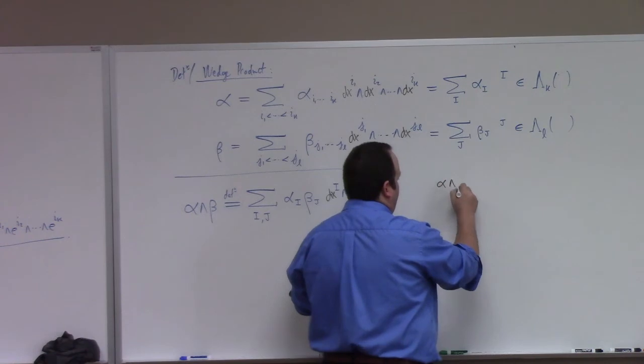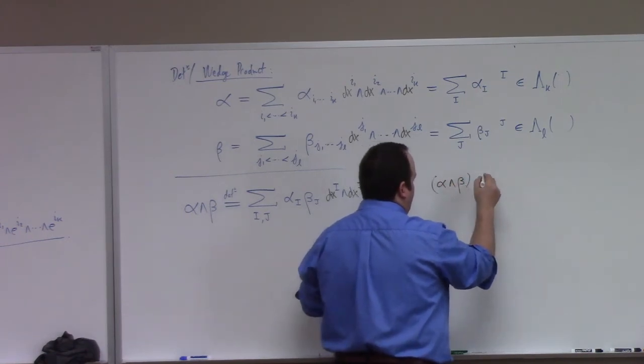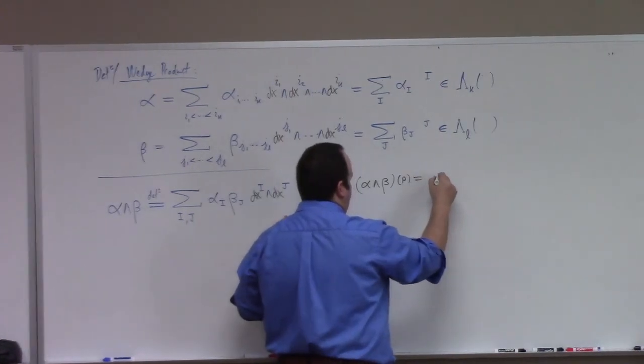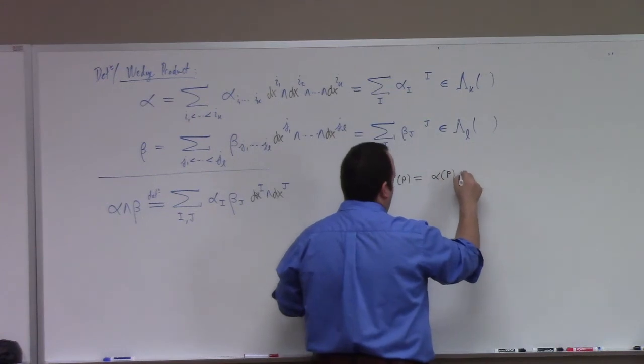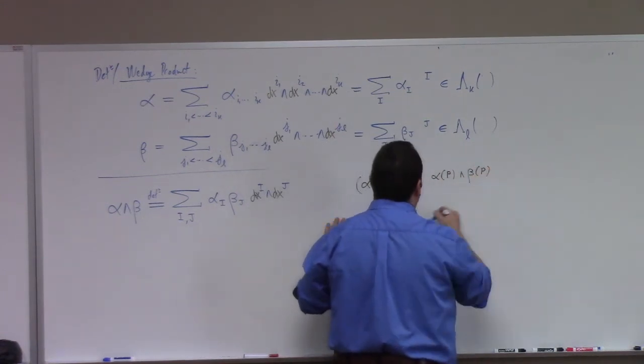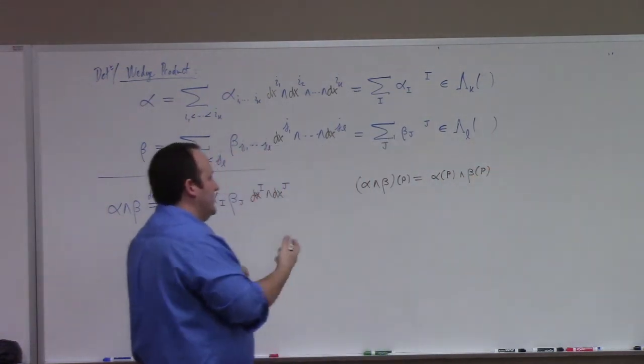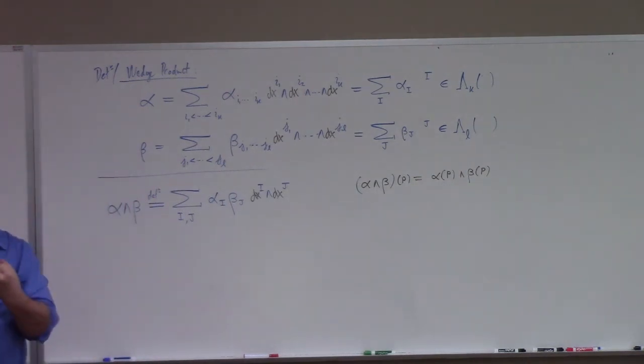He's like, what is alpha wedge beta? How do you define that? He said, well, that's alpha of p wedge beta of p. This is in McNerney. Basically, we define the algebra of differential forms, form fields if you will, point-wise by the wedge product we talked about here today on a vector space. So you just point-wise do the algebra that we've been developing today.